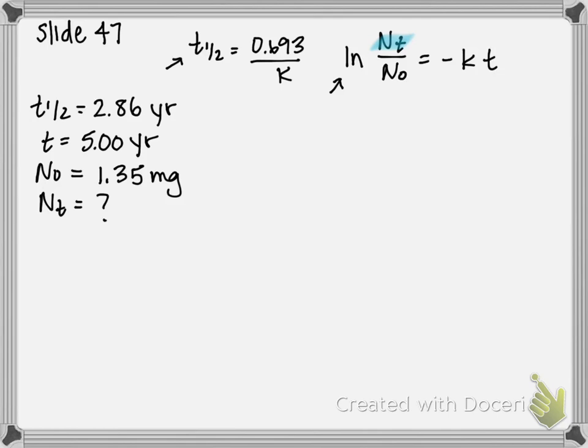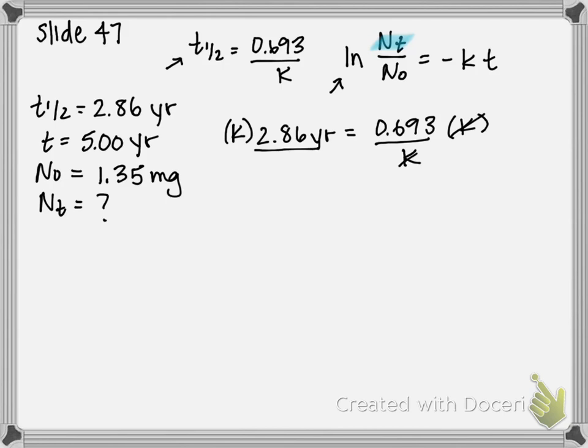So T1/2, our half-life, is 2.86 years, equal to 0.693 over K. So I'm going to multiply both sides by K to get it out of the denominator. And then I'm going to divide both sides by 2.86 years.